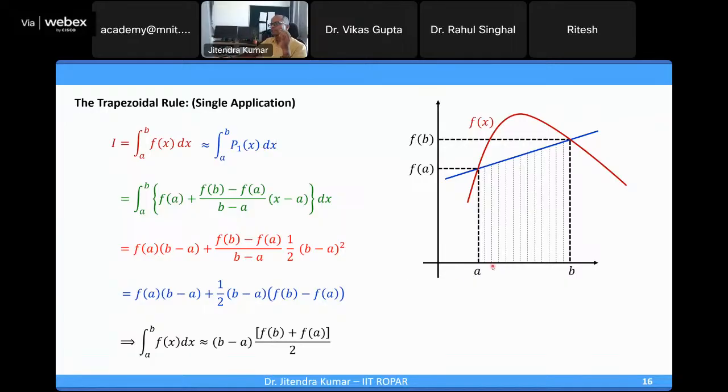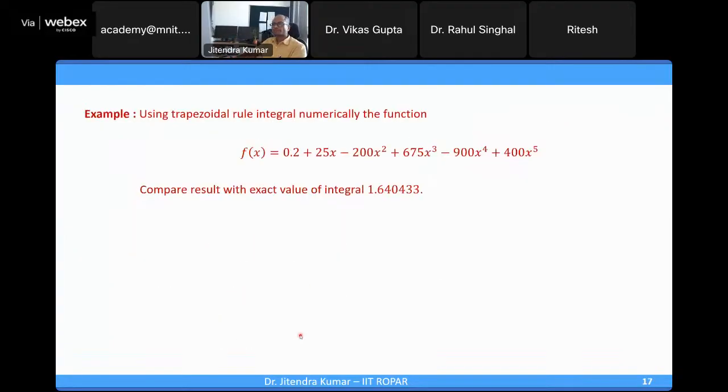We have taken the endpoints a and b, and the data is given to you, at a the value is f(a), and at b it is f(b), and then we have approximated this integral by this nice formula. So whatever complicated function you have, you just need to get the two values f(b) and f(a), divide by 2 and multiply by the range b minus a, and that will approximate your integral.